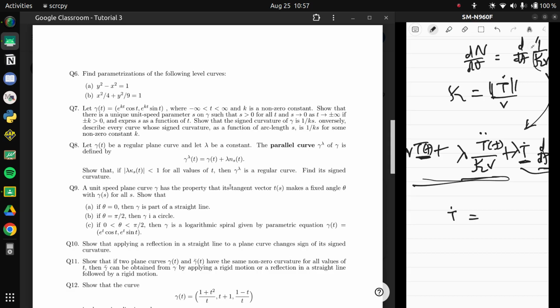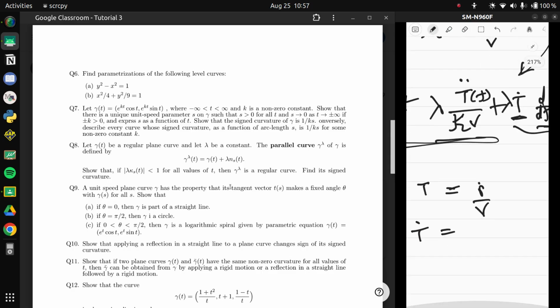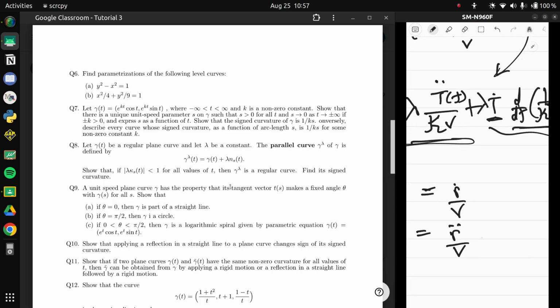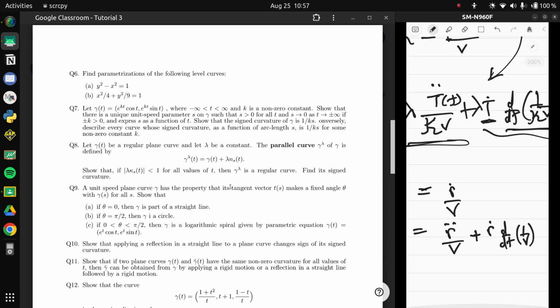So t is just, well, the velocity vector, so it's just like r dot upon v. So then t dot would just be like r double dot upon v plus r dot times the derivative of 1 upon v, sure.